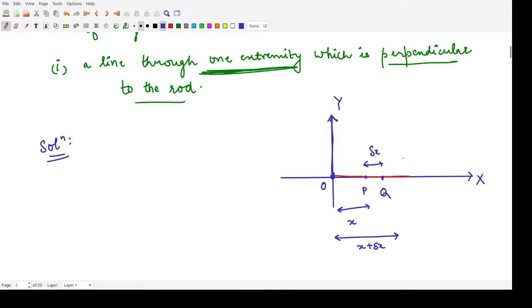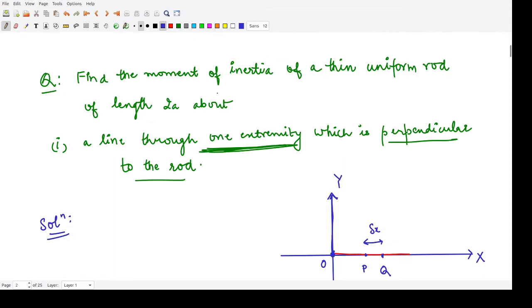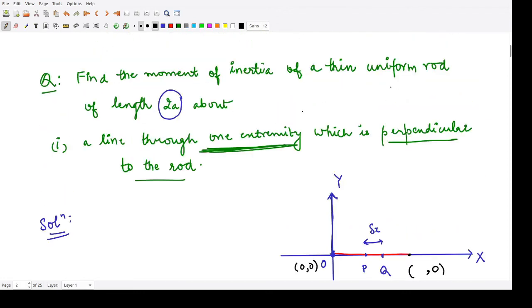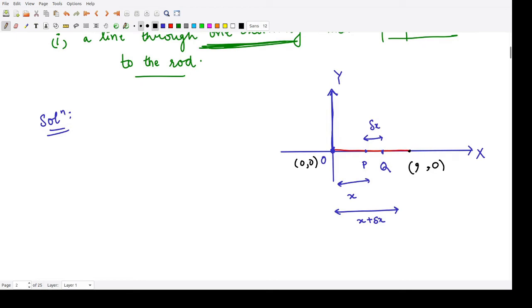Because we are given the total length of the rod, which is 2a, and we are placing one end of this rod at the origin (0, 0), the other end would be on the x-axis, where the y coordinate is 0 and the x coordinate equals the length of the rod itself. So this coordinate would be (2a, 0).